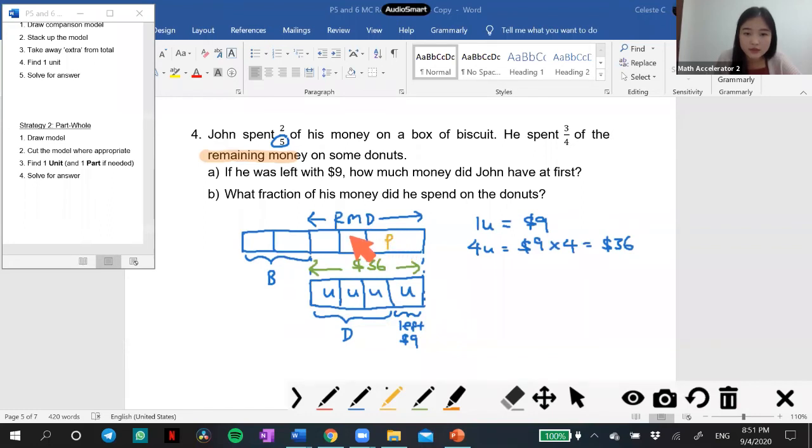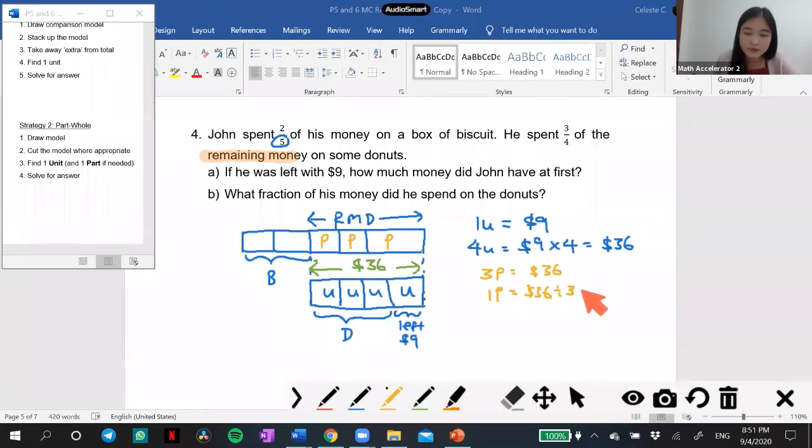So 36 represents 3 parts in the first layer. So now 3 parts is also $36. And 1 part will be 36 divided by 3.